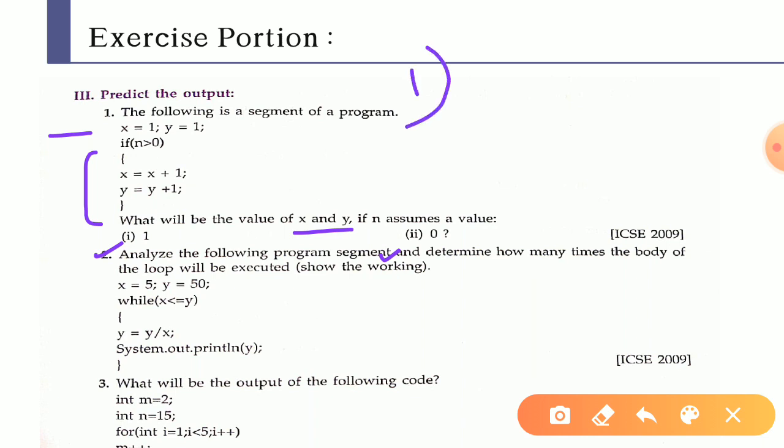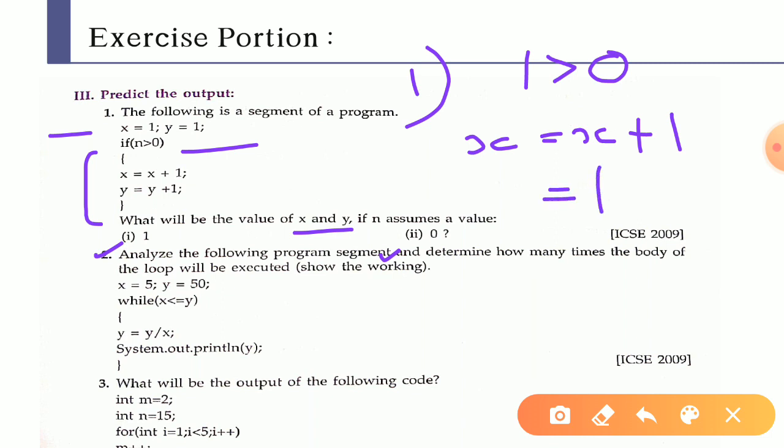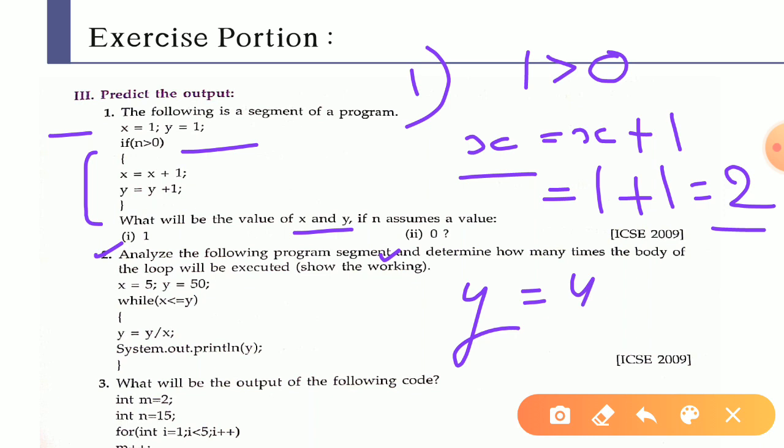For the first part, when n equals 1, the if condition is 1 greater than 0, the condition is true. So the statement x equals x plus 1 will be executed. The previous value of x was 1, now 1 is added and the answer will be 2. So the value of x is 2. Now for y, it is y plus 1.